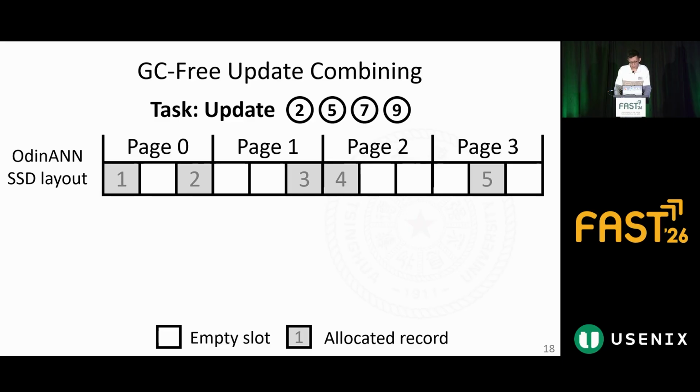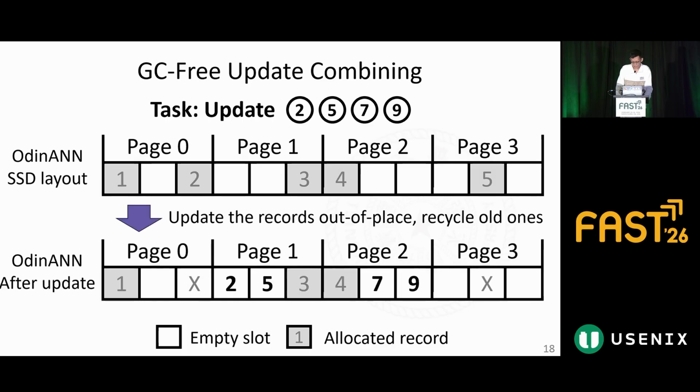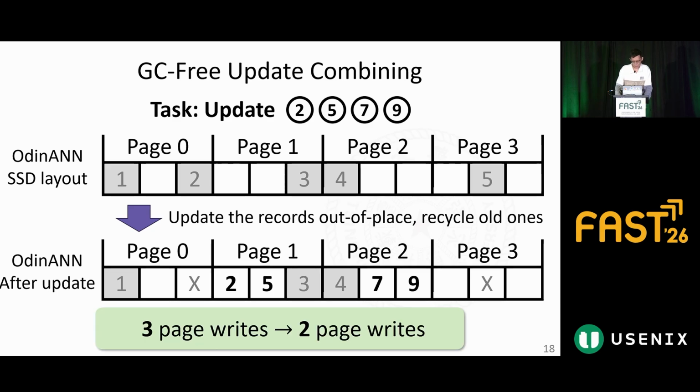For example, if we want to update 4 records, 2, 5, 7, and 9, then we could merge the updates of 2 and 5 in page 1 and 7 and 9 in page 2. Then, the original records 2 and 5 can be marked as empty slots without extra overheads. This reduces SSD writes from the original, like 4 or 3, to the new 2-page writes.